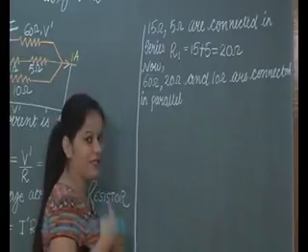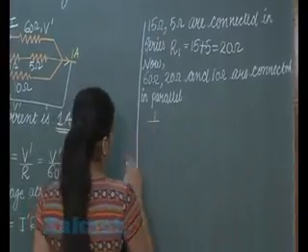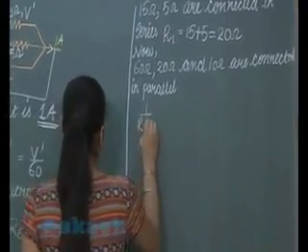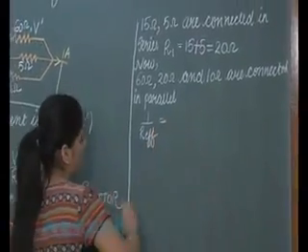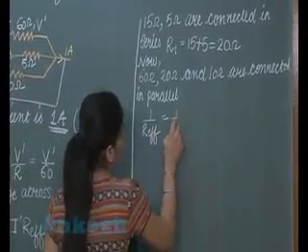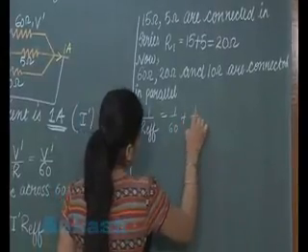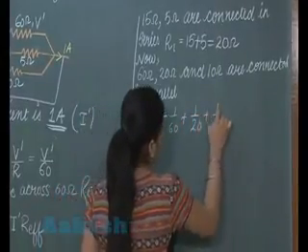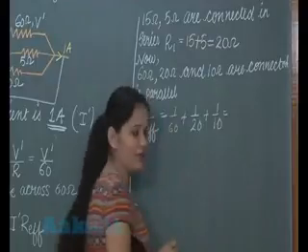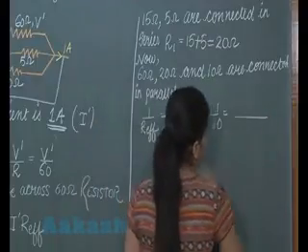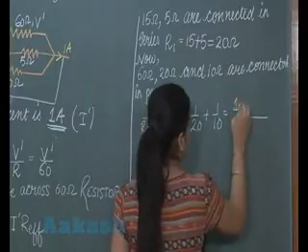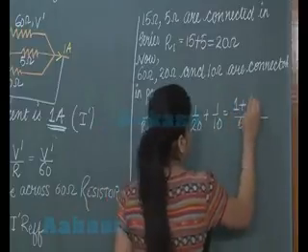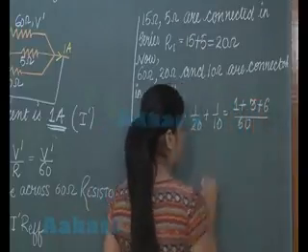So student, for the equivalent or the effective resistance, 1 by R effective is equal to 1 by 60 plus 1 by 20 plus 1 by 10. If we take the LCM, we will get 60, it will come out to be 1, it is 3, and this is 6.